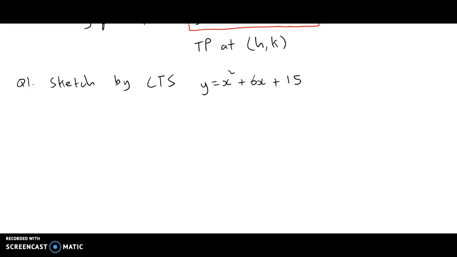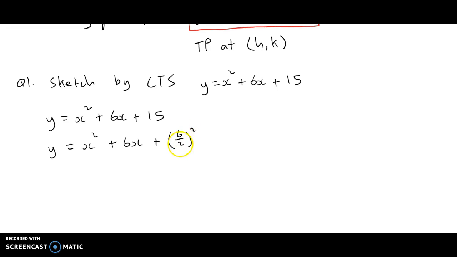To start with, let's just write out our equation as it is. So y equals x squared plus 6x plus 15. If we want to complete the square, this will become y equals x squared plus 6x plus (6 over 2) all squared.